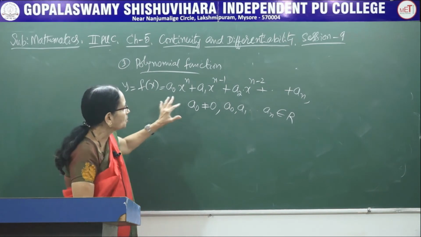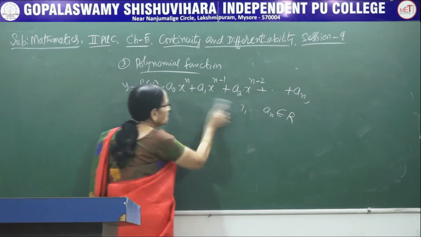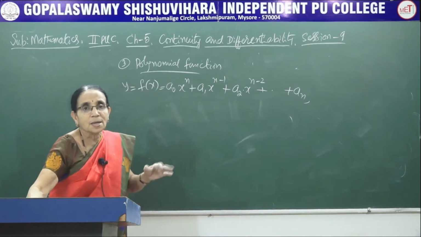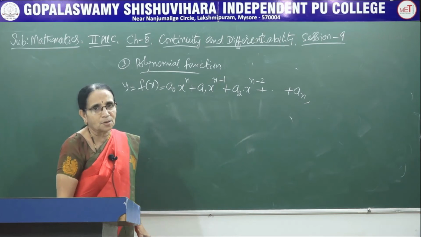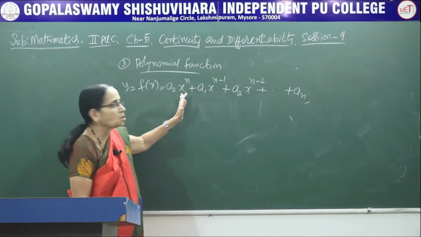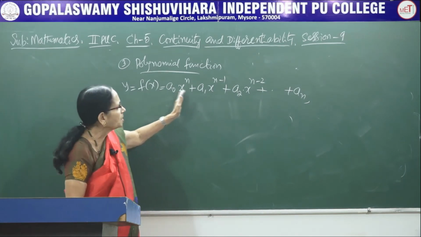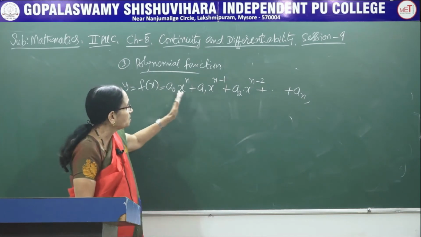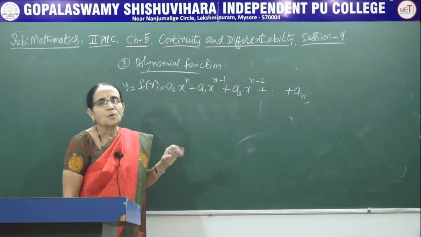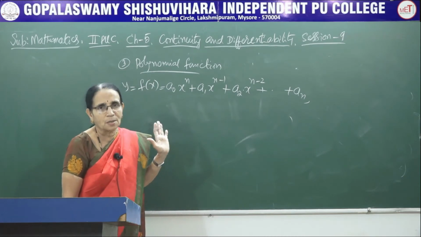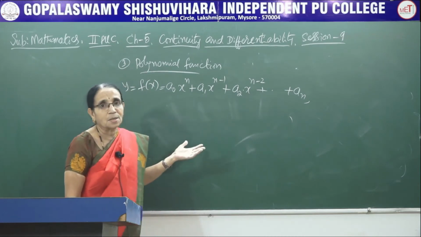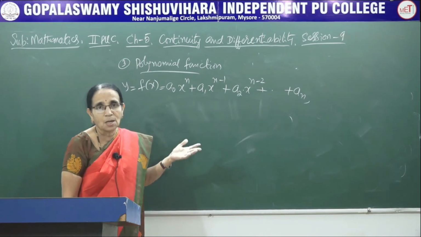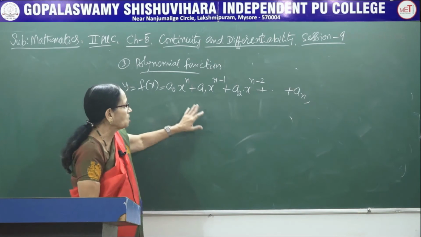So, now look at this polynomial function. Clearly, we can give any real value for x. Suppose I take x equal to 1. Wherever x is there, write the value, and you will be getting a function value. So, this function is defined for all the real values of x, that is, it can be a positive or negative integer, a positive or negative rational number, a positive or negative irrational number.